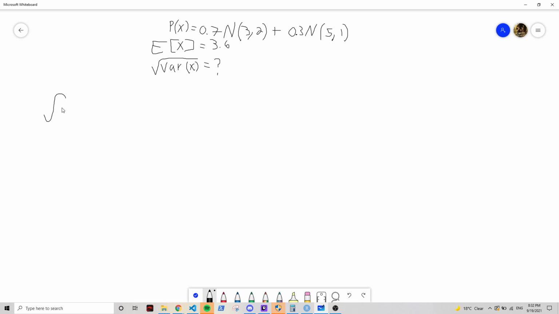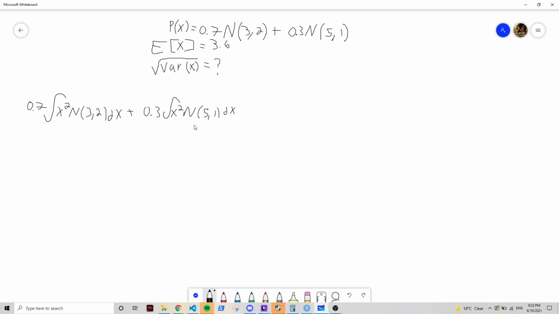So utilizing a similar approach that we just did before, we could do 0.7, I'm going to take the constants out, times the integral of x squared times the normal distribution of 3, 2, dx, oh, I won't forget dx this time, plus 0.3 times the integral of x squared times the normal distribution of 5, 1 dx.